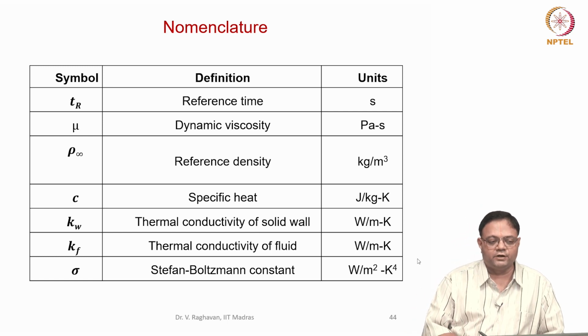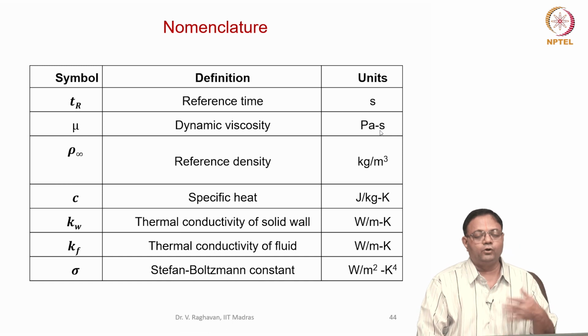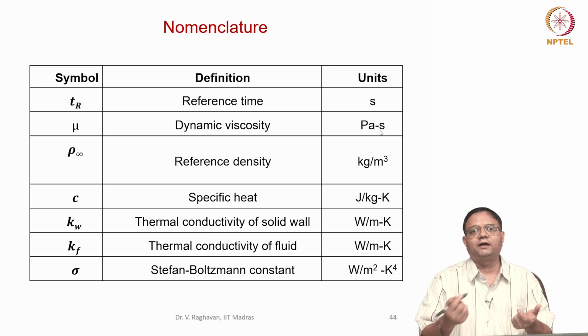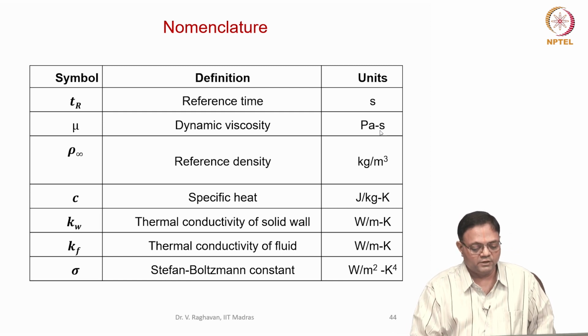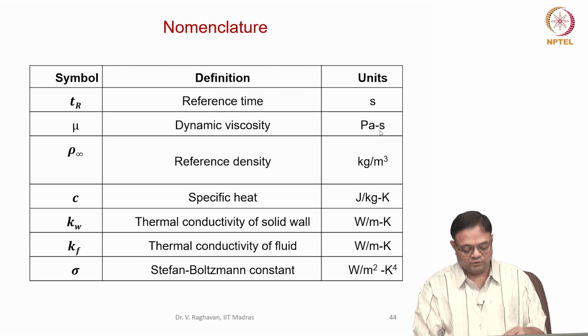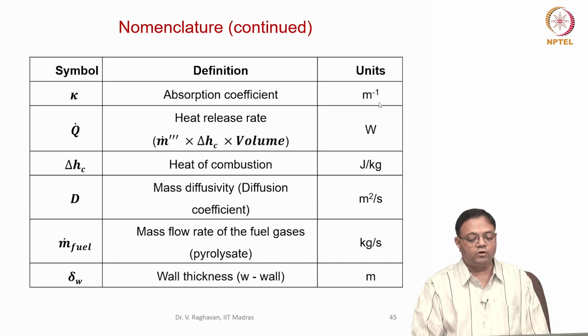I have given the nomenclature here for these numbers. For example, the reference time is TR, dynamic viscosity is mu in Pascal second, then the reference density. As I told you, we need reference pressure and reference temperature, P infinity and T infinity, from which I can calculate the reference density. Then specific heat, thermal conductivity of the solid wall and fluid, the Stefan-Boltzmann constant, then the absorption coefficient, which has units of 1 per meter.